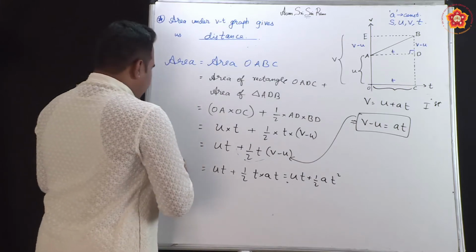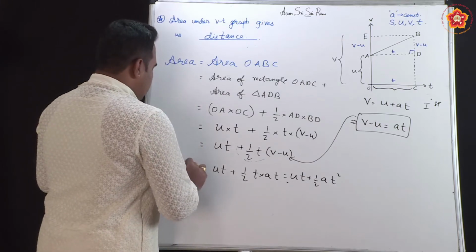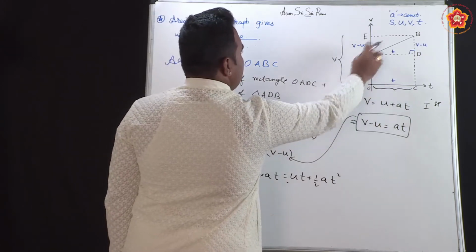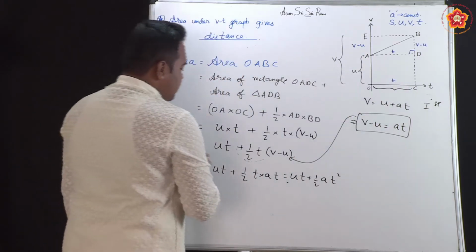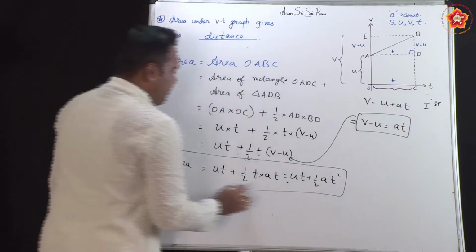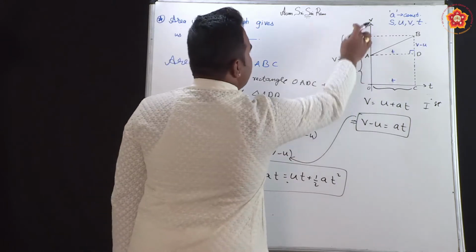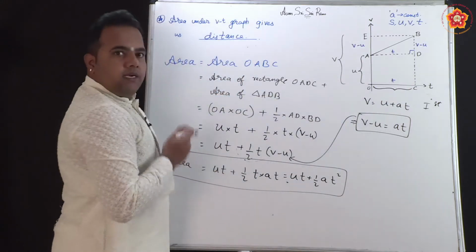So, the area of the closed figure, or area of this trapezium OABC, will be nothing but ut plus half at square, and we have just seen that the area under the velocity time graph will give us the distance covered.